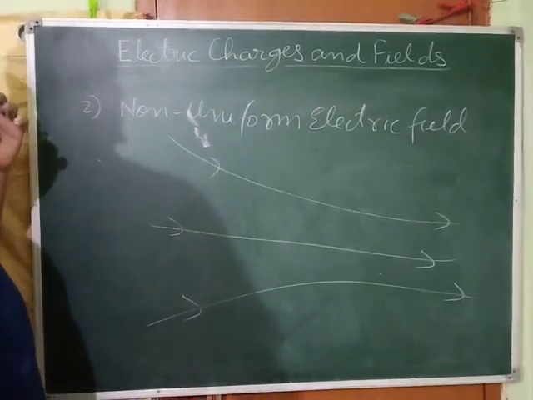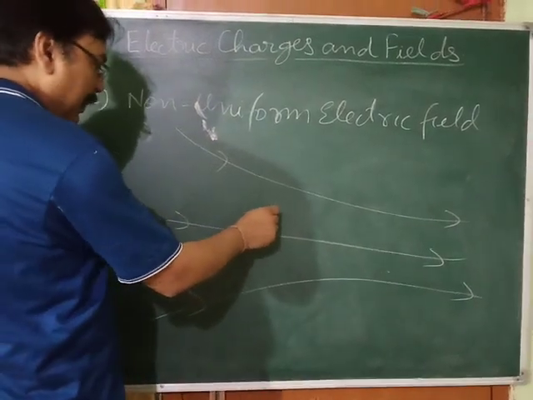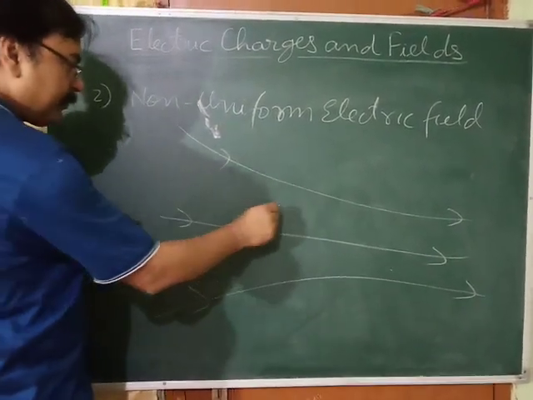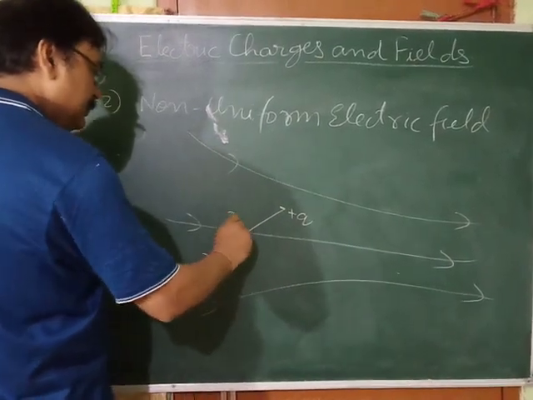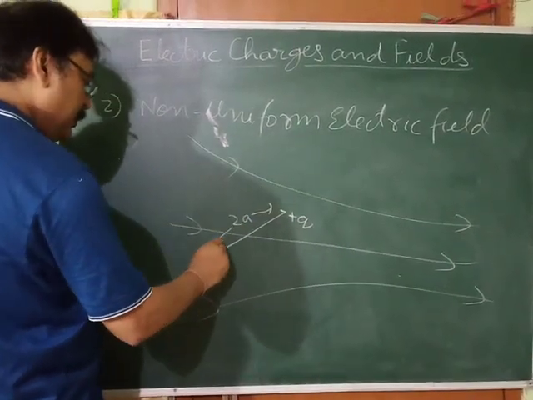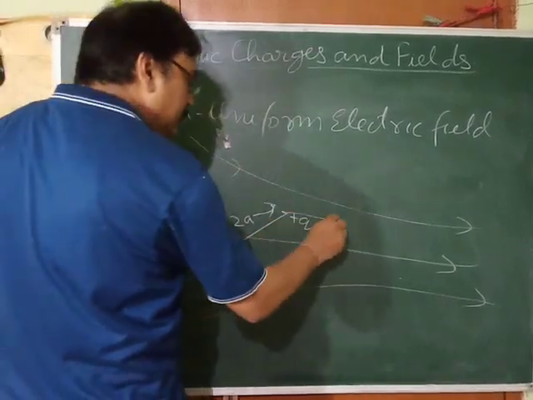Okay. Now, what will happen? We are going to keep a dipole like this. This is the negative charge, this is the positive charge. The distance is 2a from end to end. Okay. Now what will happen? The force acting on this will be in this direction.